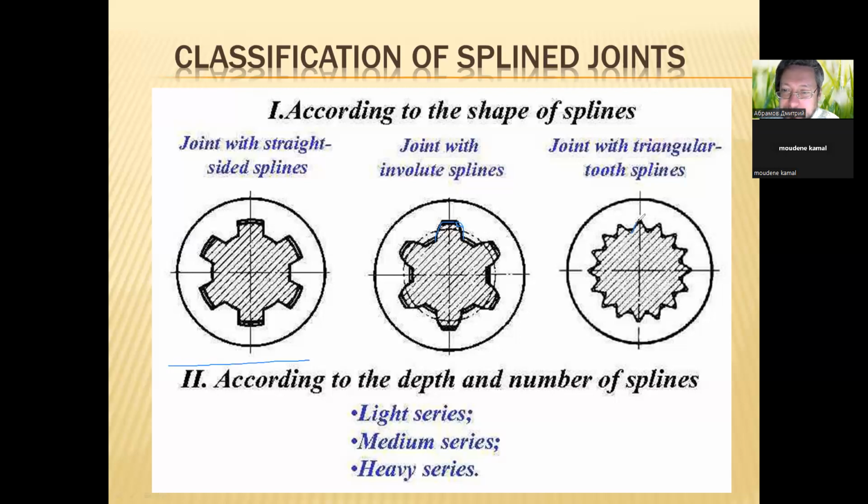The teeth of the spline is like a triangle. So write down to your notes these 3 types of splines, and write down to your notes 3 figures with different types of spline joints.